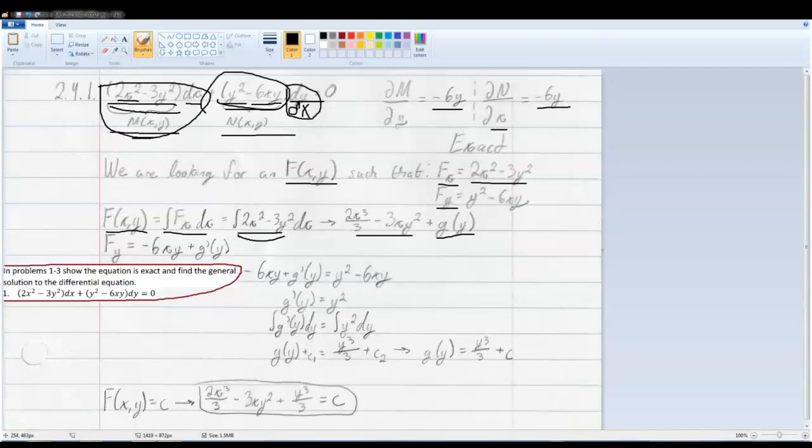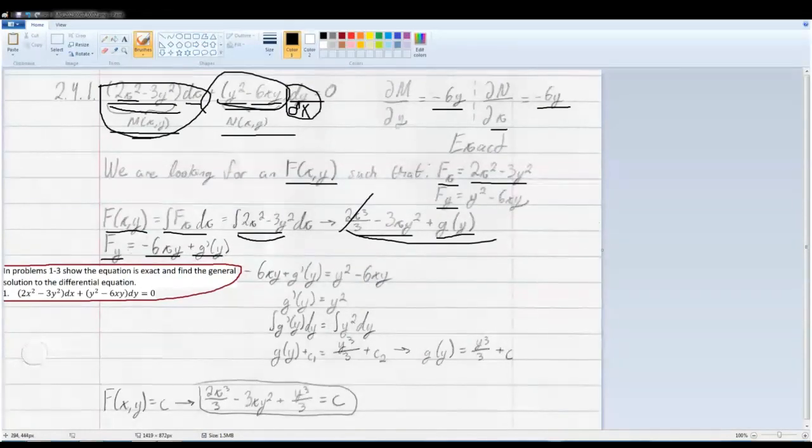Now what we do is we take the partial derivative in terms of y of what we just got here. And again, this goes bye-bye. And negative 3xy squared becomes negative 6xy, plus we can take g of y, derive it in terms of y, and get g prime of y.